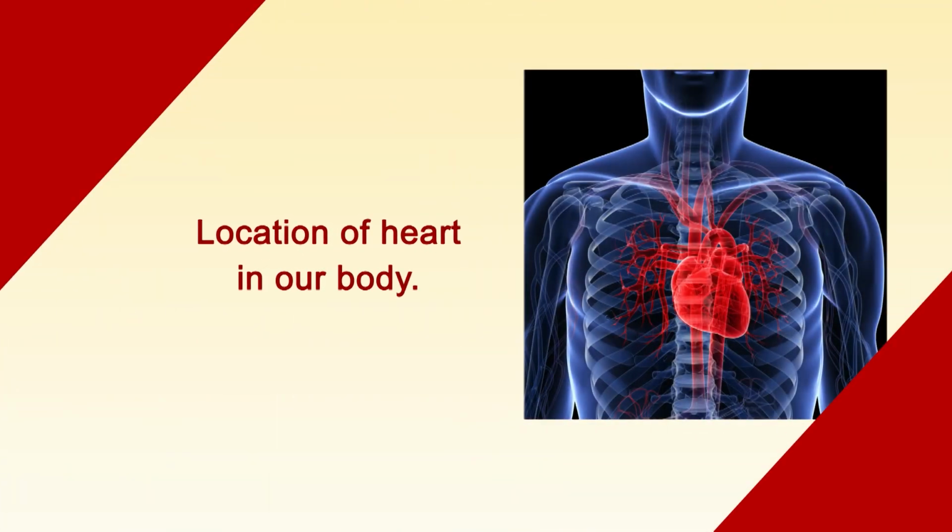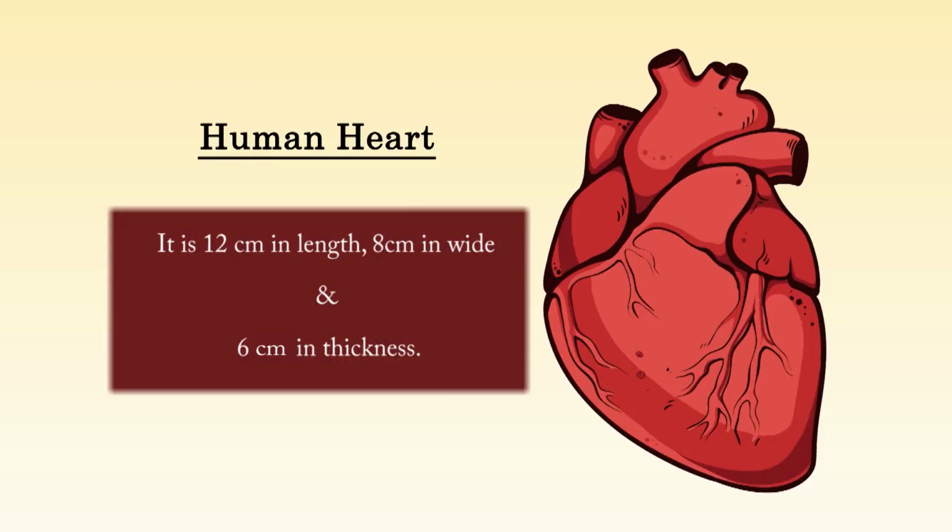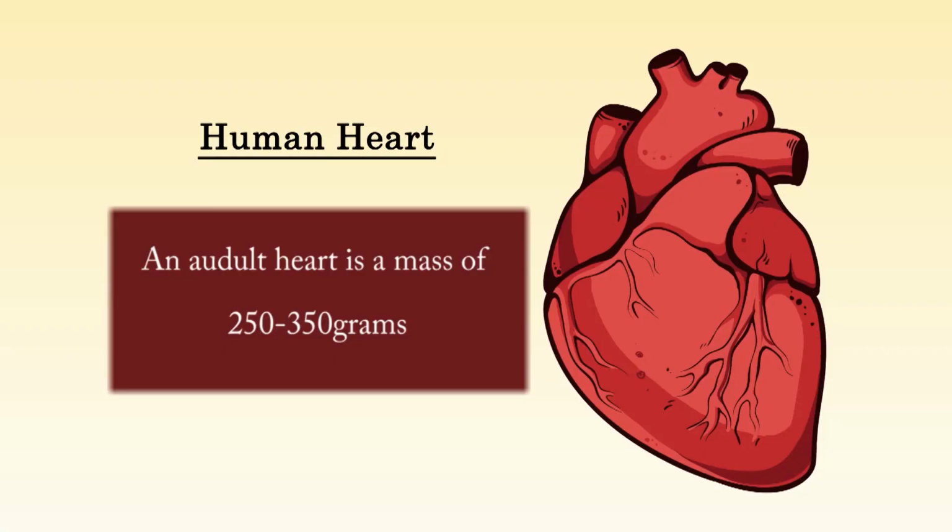The heart is located in the chest cavity with its lower tip slightly tilted towards the left. The heart is roughly the size of our fist, 12 cm in length, 8 cm in width and 6 cm in thickness. An adult heart has a mass of 250 to 350 grams. The human heart is comprised of 4 chambers.